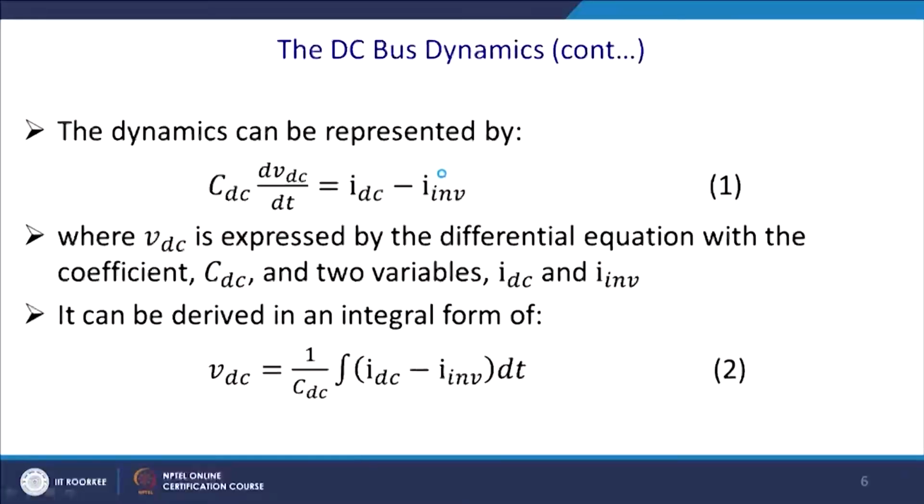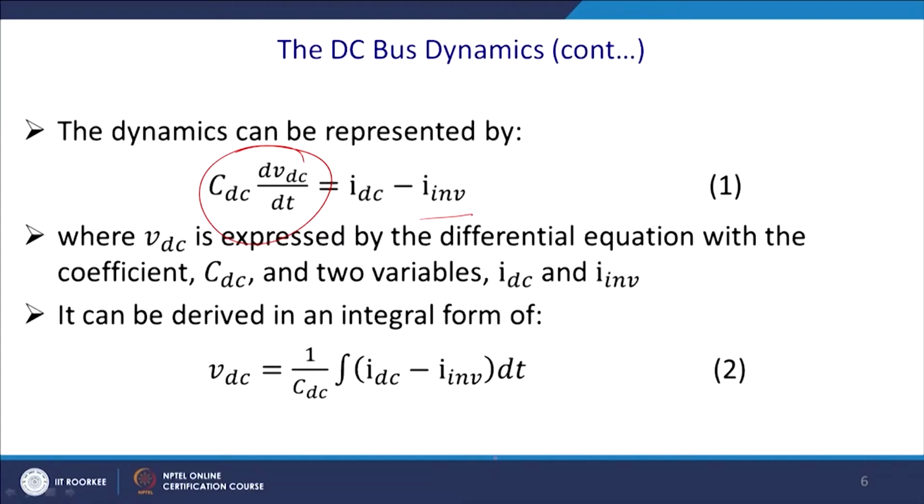So, the dynamics can be represented by C dV/dt equal to IDC minus INV, where IDC is the current generated by the DC to DC converter on the PV side, and INV is the current ultimately fed to the grid side inverter. That ripple current should be equal to C dV/dt. The larger the difference, the larger the ripple current into the capacitor.